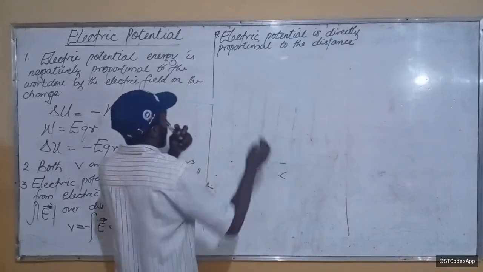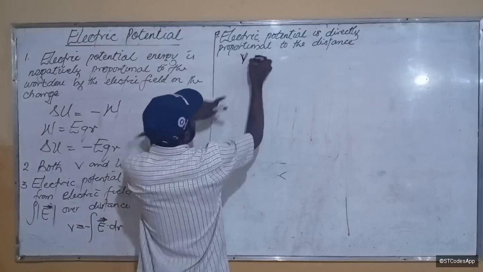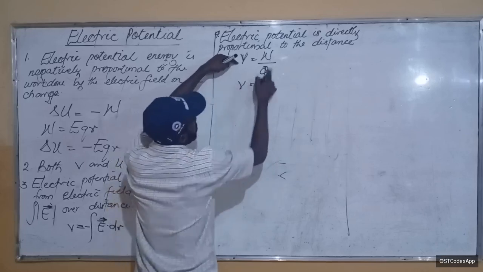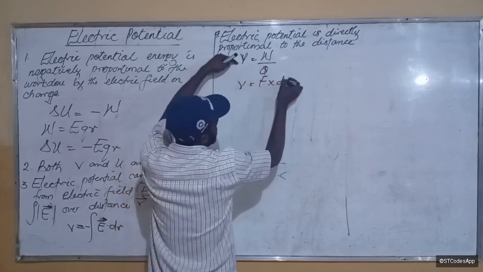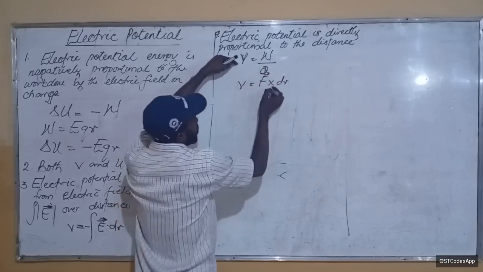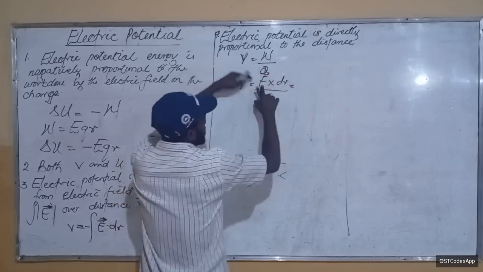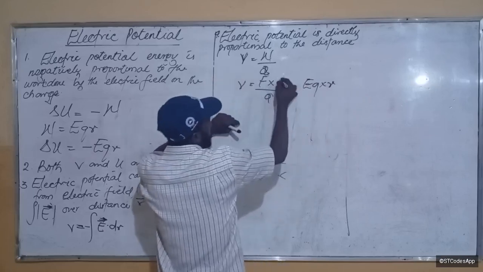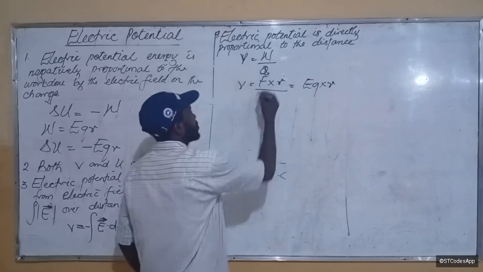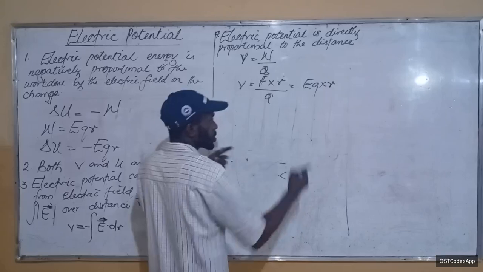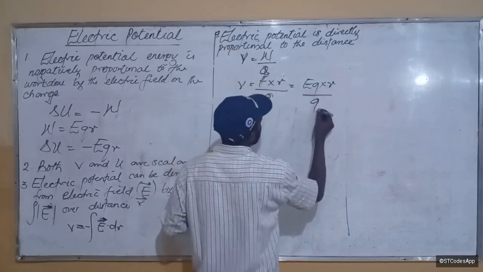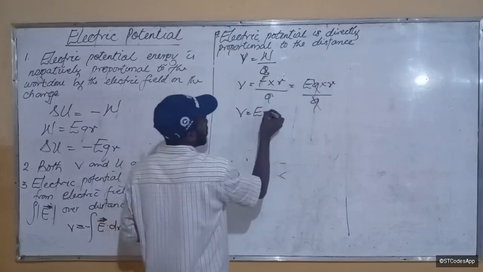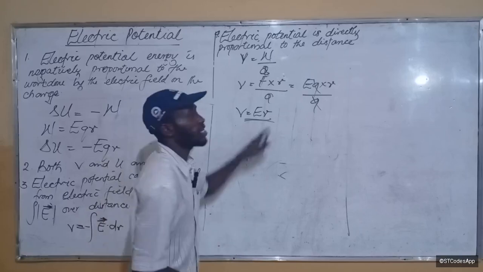You remember that we said V is work done per unit charge, right? So V becomes work done, which is force times dr, over Q. And remember that F is EQ, times R, whether it's dr, every little distance covered, or the full distance, over Q, right? So Q takes care of Q and V equals ER. So electric potential is directly proportional to distance.